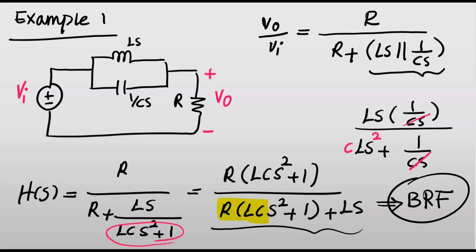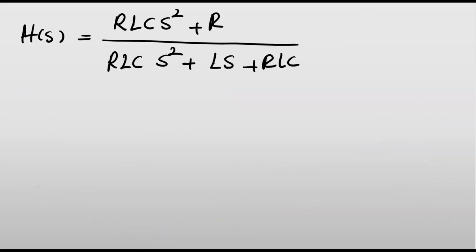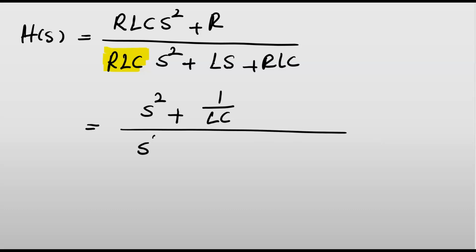So after simplifying this transfer function, this is what I'm going to have. Now it's time to divide everything by RLC. If I divide everything by RLC, I'm going to have s squared plus 1 over LC, because R will be cancelled out by the R that I have here, divided by s squared plus, I have S here, and then 1 over RC, because this time L will be cancelled out, and finally plus RLC divided by RLC, which is going to be 1.